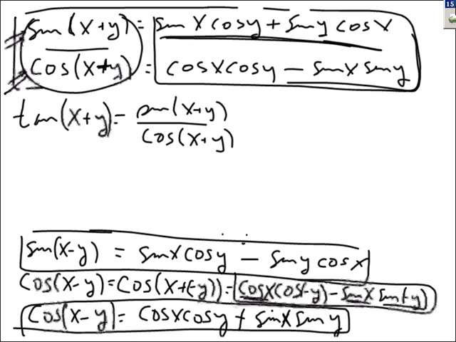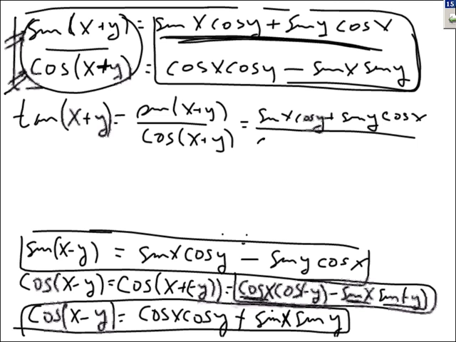And that's the formula I would use. I would say it's sine x cosine y plus sine y cosine x over cosine x cosine y minus sine x sine y. You can use this formula and you'll never be wrong. And I didn't memorize it at all. All I memorized was that tangent is sine over cosine.